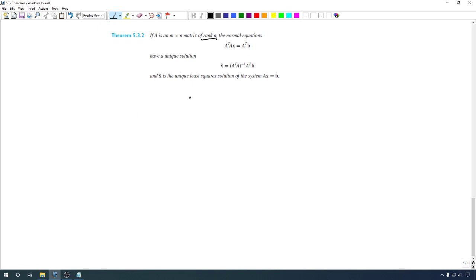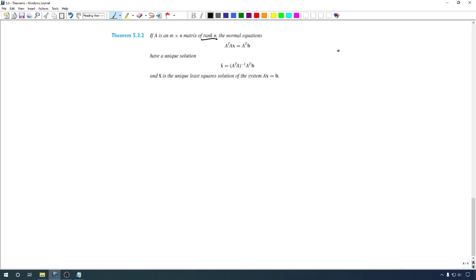So let's actually go ahead and prove this. But first I want to mention here, A being of rank n, because n is less than m, A couldn't be of rank anything bigger than n anyway. What rank n means is that the columns of A are linearly independent.